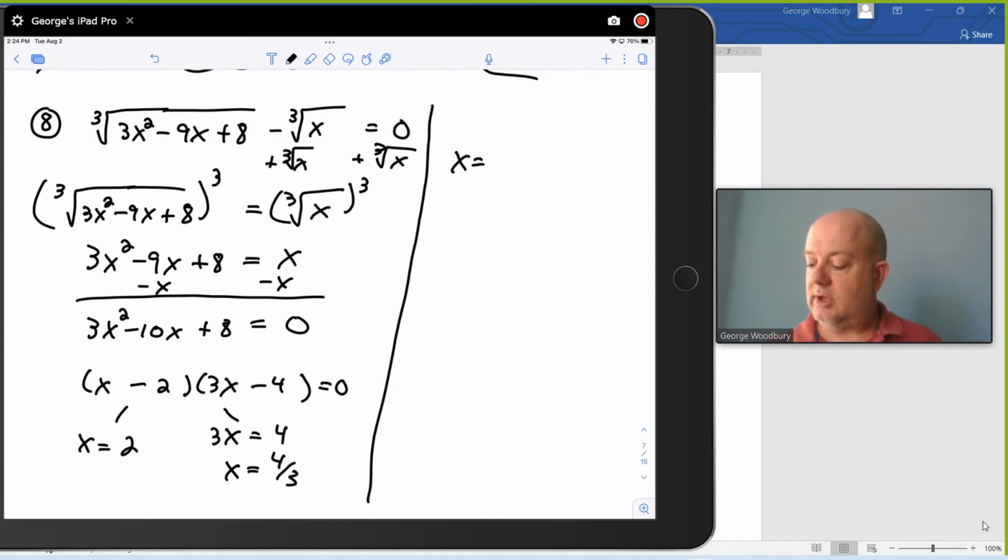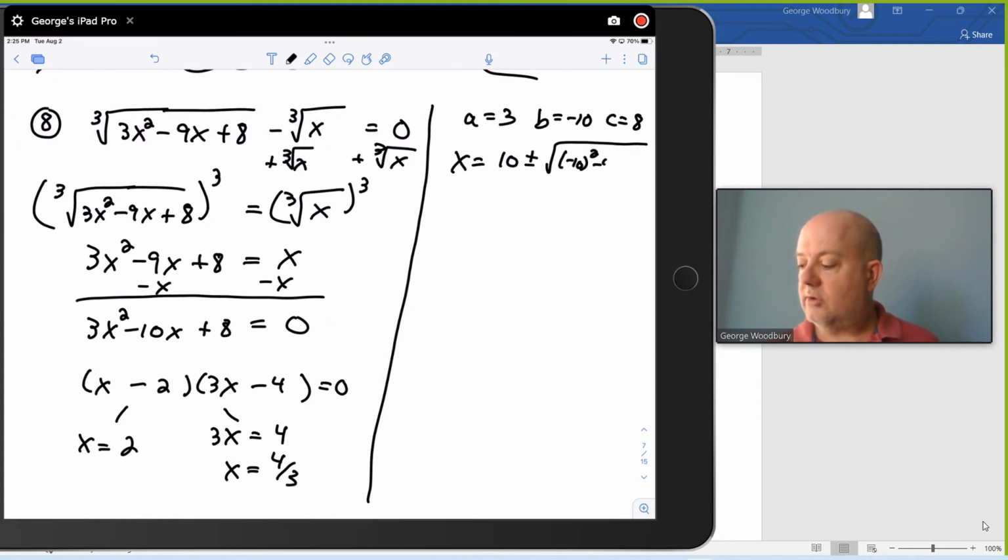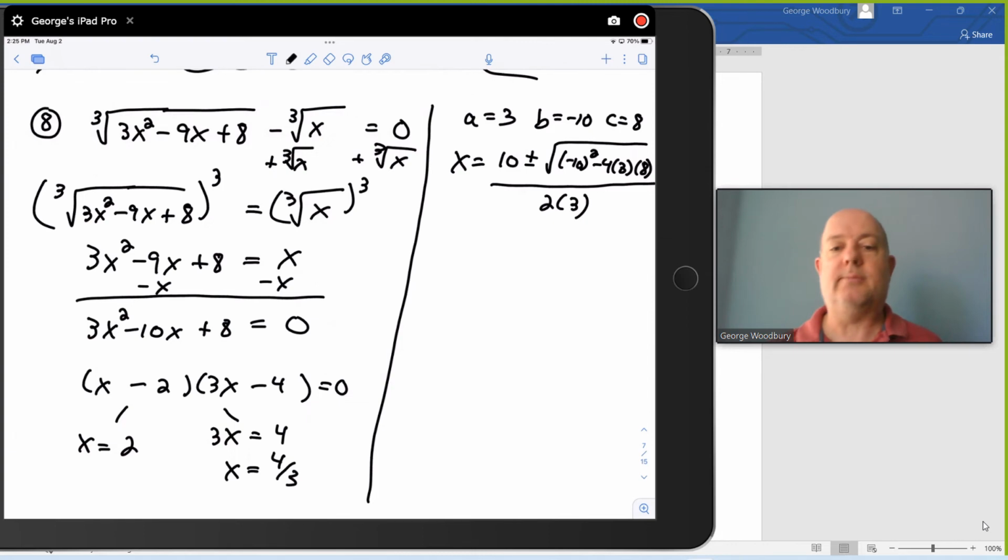X equals, let's see, we've got a is 3, b is negative 10, and c is 8. X equals, the opposite of negative 10 is 10, plus or minus the square root of negative 10 squared minus 4 times 3 times 8, all over 2a, which is 2 times 3.